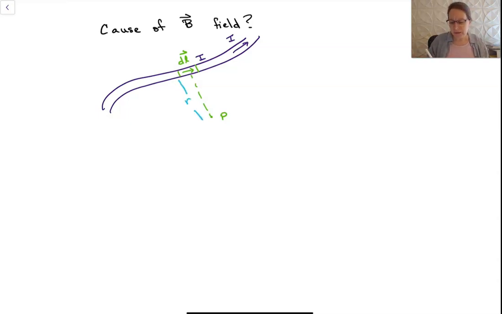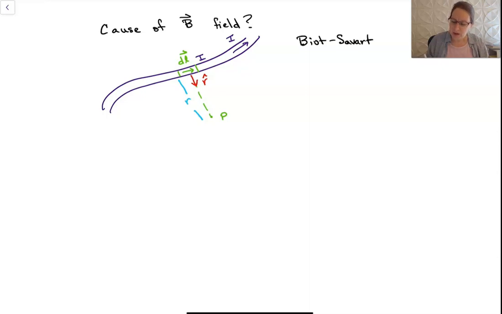And the magnetic field, the small contribution from this little bit of current, this little dl, here's our r hat direction, that's the direction to the point, and dl points like that, is given by the Biot-Savart Law.